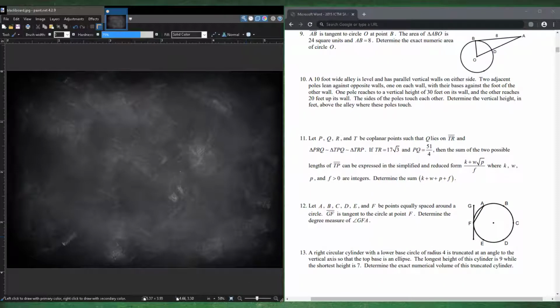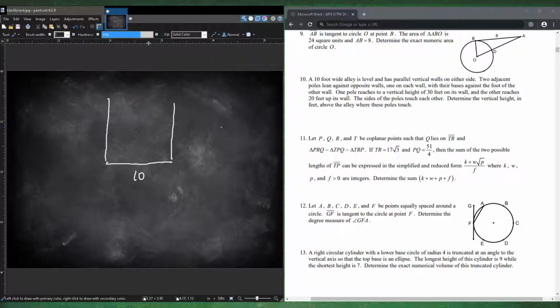Okay, number 10. A 10-foot wide alley is level and has parallel vertical walls on each side. Okay. So we have some kind of alley, and it's 10 foot wide. Two adjacent poles lean against opposite sides, one on each wall with their bases against the foot of the other wall.